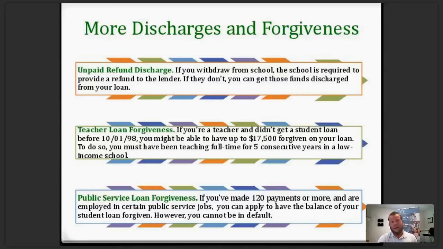Public service loan forgiveness. We are on a very short timeline here, guys. It's about to go away. But if you are in the public sector, if you're a nurse, you're a teacher, you're working for a nonprofit, this is a phenomenal opportunity that's going away. It's a 10-year term. So all the different income-driven repayment plans that we talked about, this gets applied to that and cuts the term down to 10 years, which is huge.